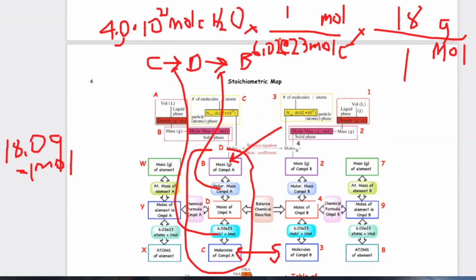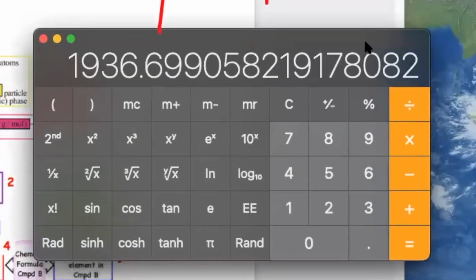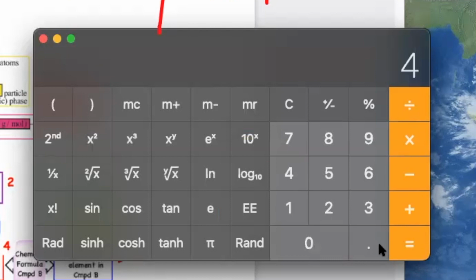to do this correctly in your calculator. So let me bring out my calculator real quick. I'm going to put 4.0, because that's the question, times 10 to the 21st.